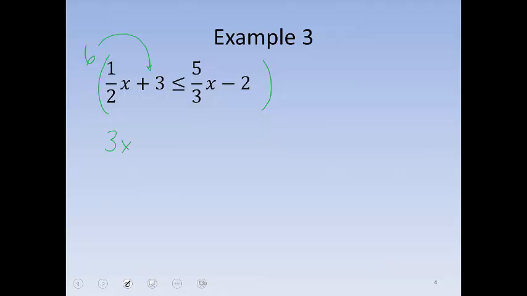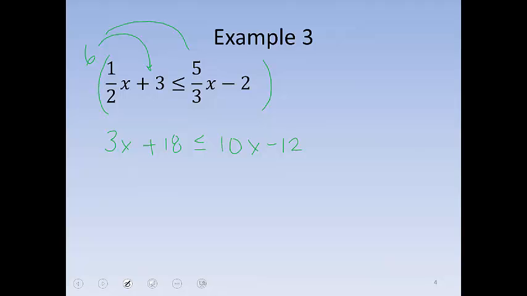Don't forget to multiply the constants, so that's 18, less than or equal to 6 over here. If I multiply 6 times 5, I get 30. 30 divided by 3 is 10x, and then minus 12. So I need to move all of my x's to one side and all of my numbers to the other, so we can do it that way.